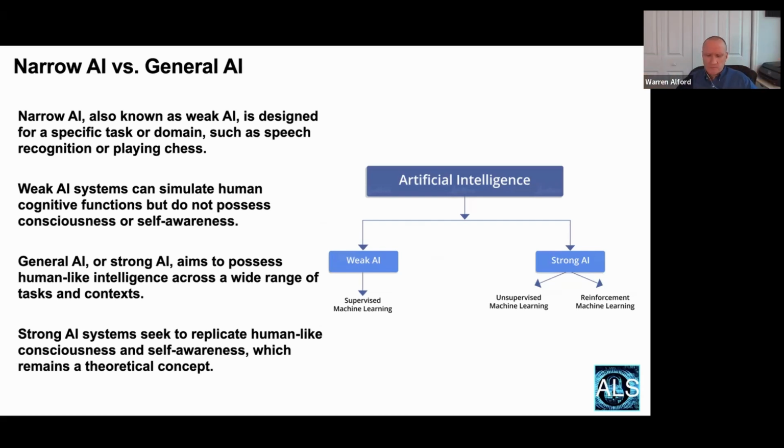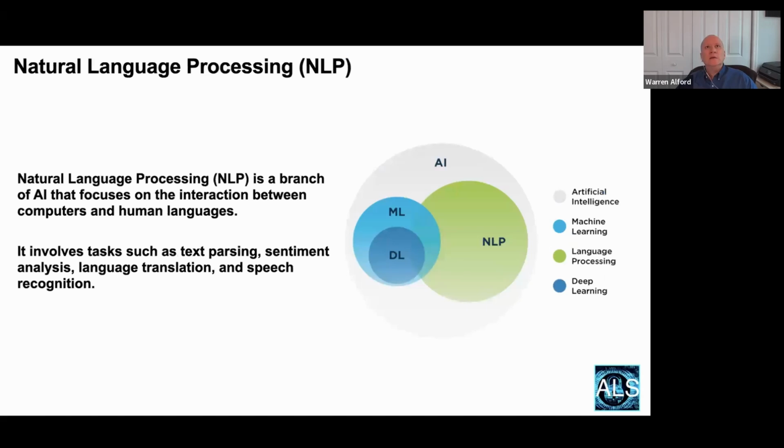So natural language processing is a branch of AI, and it focuses on the interaction between the computer and the human. It is what allows the human to communicate with AI, and allows AI to communicate back to the human.